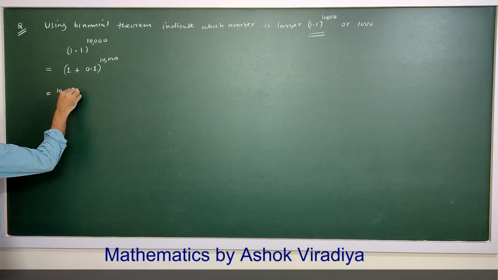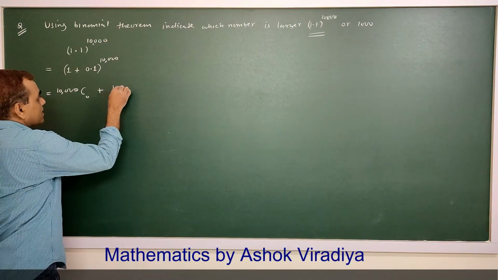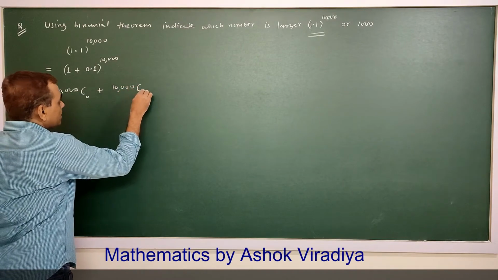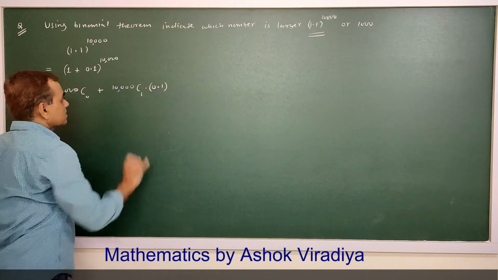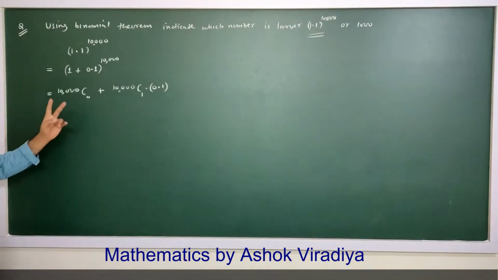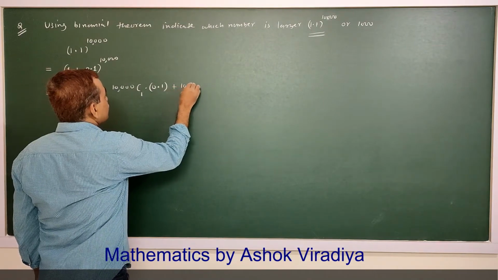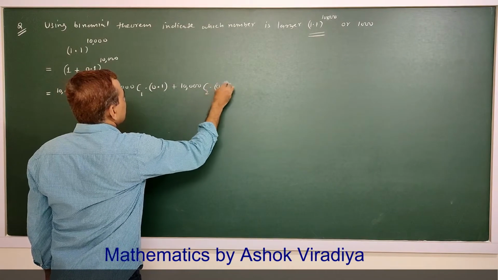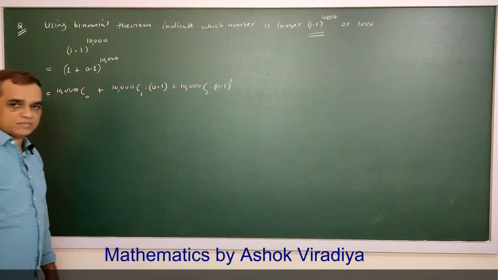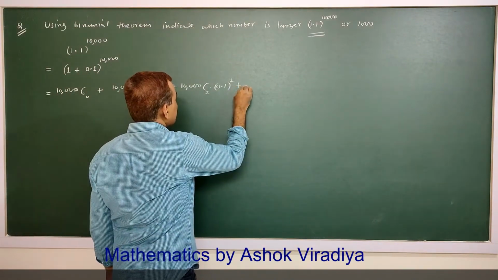So nC0 plus nC1 into x plus nC2 into x square plus nC3 into x cube.